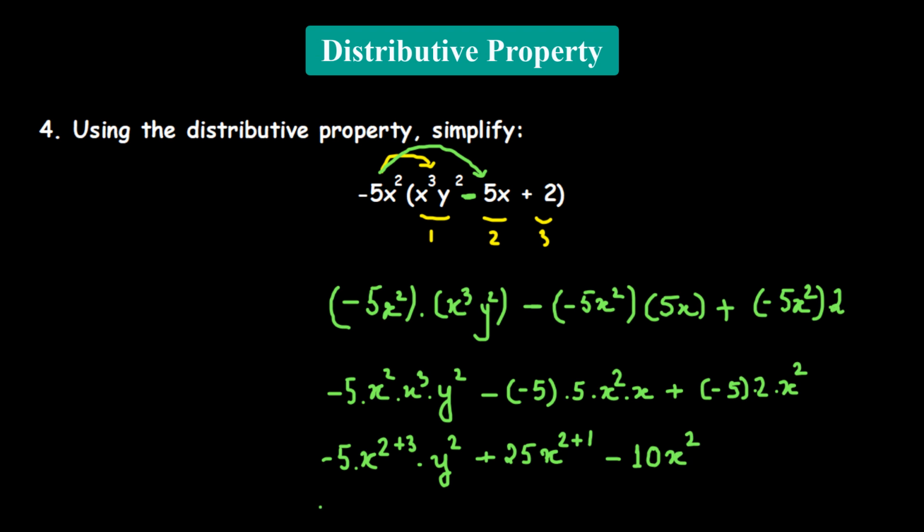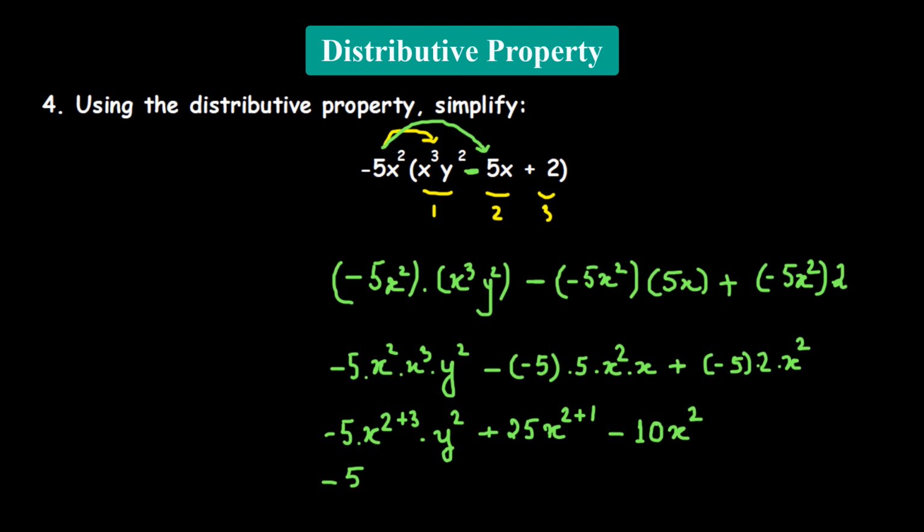So finally we're going to get negative 5, x raised to the power of 2 plus 3, so that will be 5, times y squared plus 25 times x raised to the power of 2 plus 1, so that's 3, minus 10x squared.